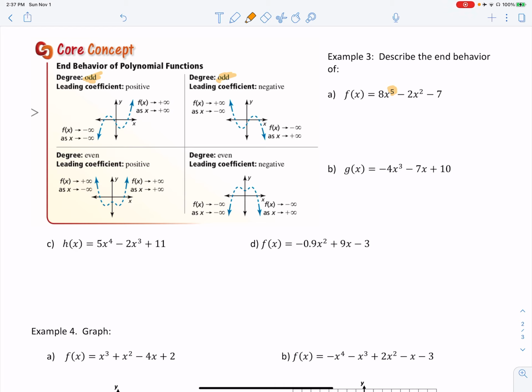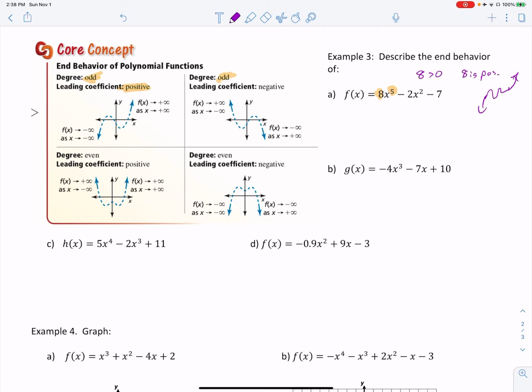And it's all according to then the sign of the leading coefficient. And the leading coefficient here is 8, and 8 is greater than 0, 8 is positive. So you have a leading coefficient that is positive, and the degree is odd. So what I know about this is that to the left it goes down and to the right it goes up. And then it can have some different turning points in between.